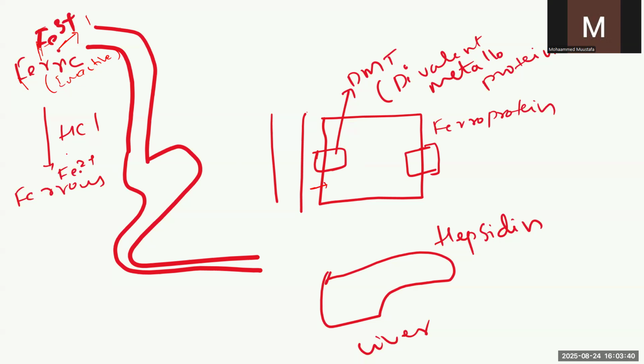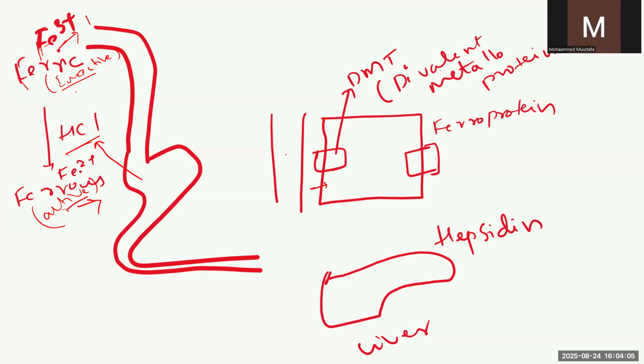To convert it, HCl from the stomach helps in the conversion of the inactive form of iron, ferric, to ferrous, the active form of iron. So now this ferrous form of iron is ready to be influxed.